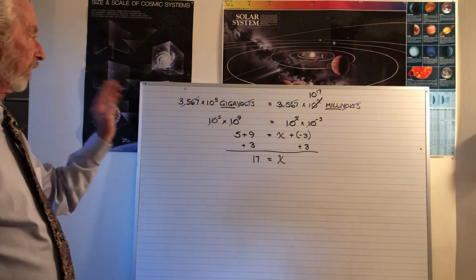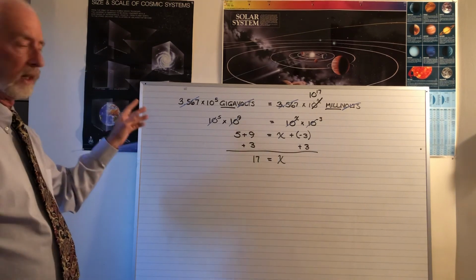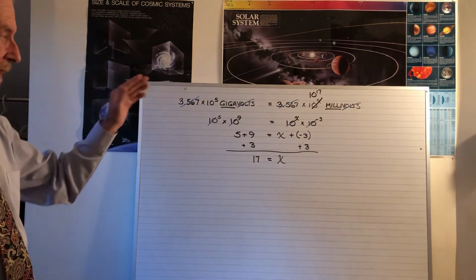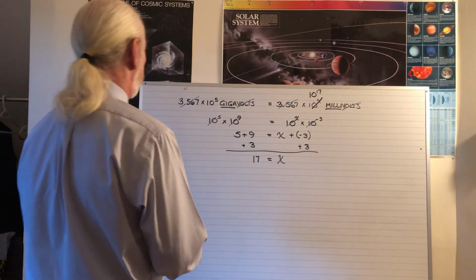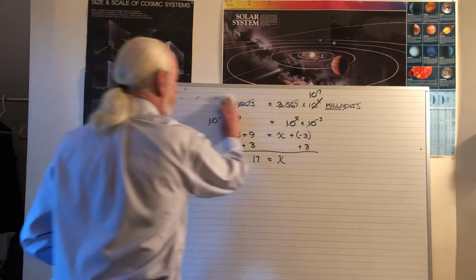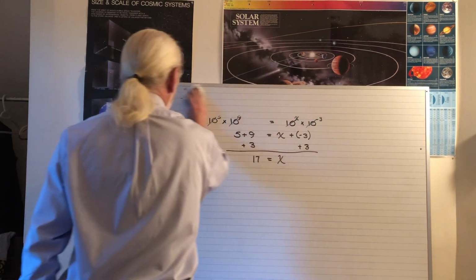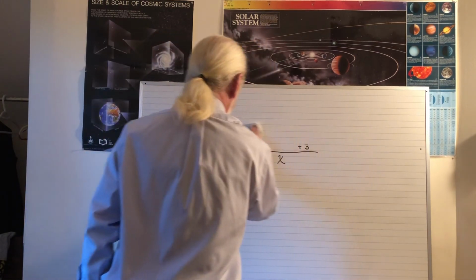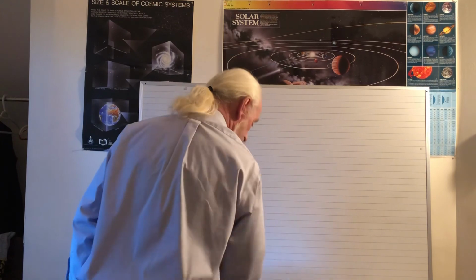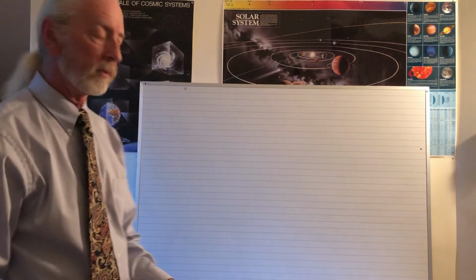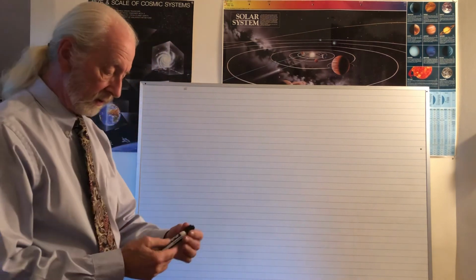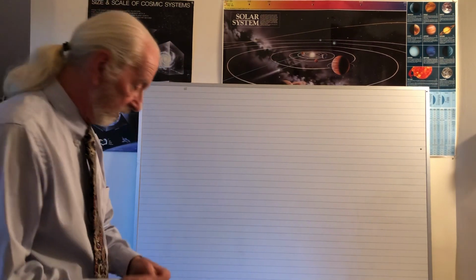Now, I'm going to do the same problem again, and again, like I say, with minimal explanation. And watch how fast this goes. Now, I'm still going to set it up exactly the same way. I'm still going to lay it out in detail.